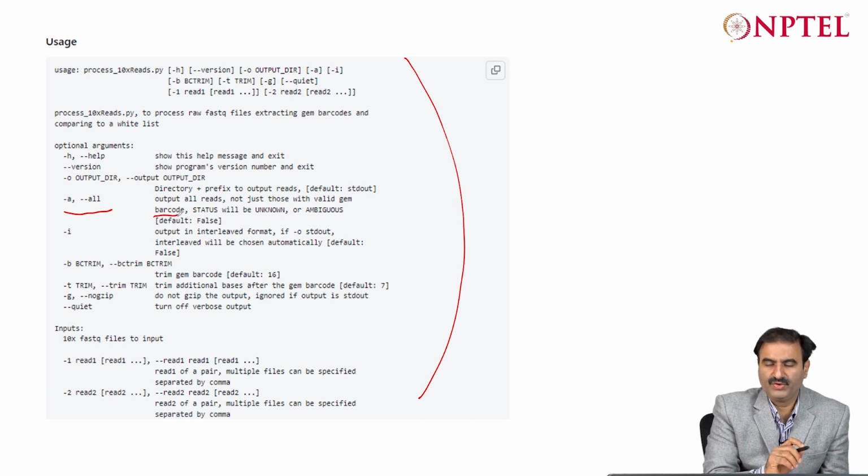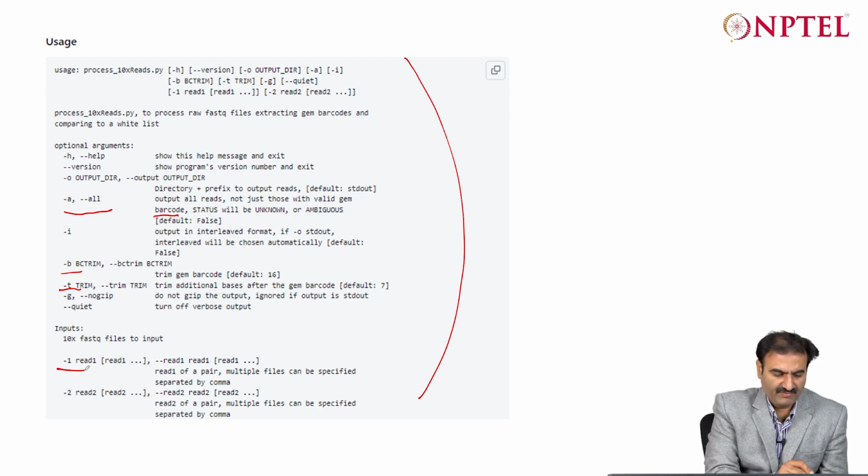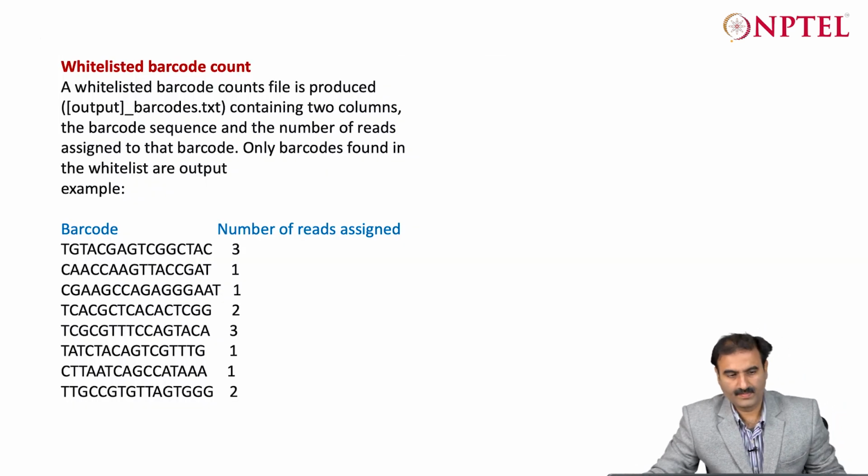That means you process all the reads and not only those tagged as match. You can also choose whether to trim the barcode or additional bases after the barcode, so that you are dealing with clean sequence. Then -1 is for the read one forward file and -2 for the reverse read file.